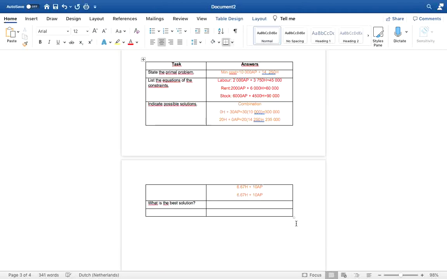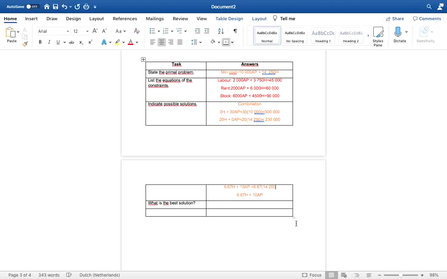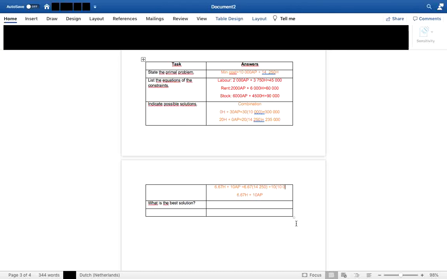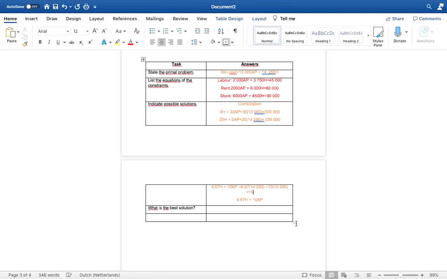And then for this one, it's going to be 6.67 times 14,250 plus 10 times 10,000, which is equal to 195,000.